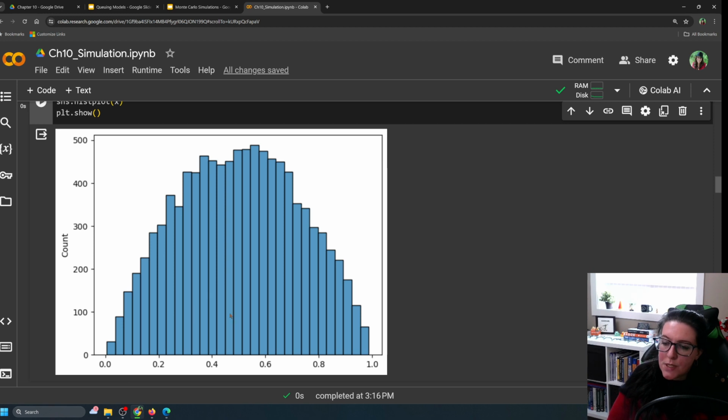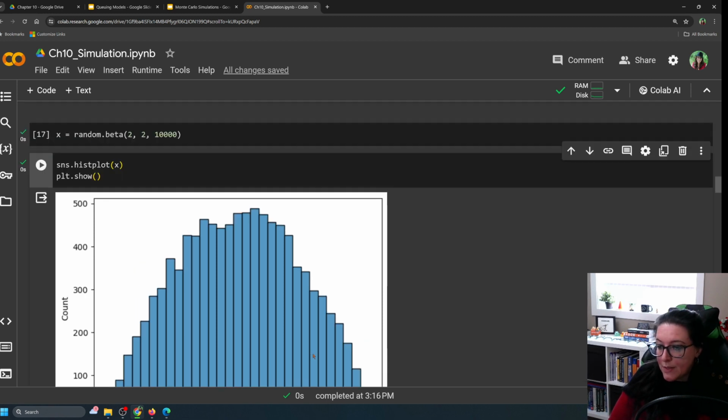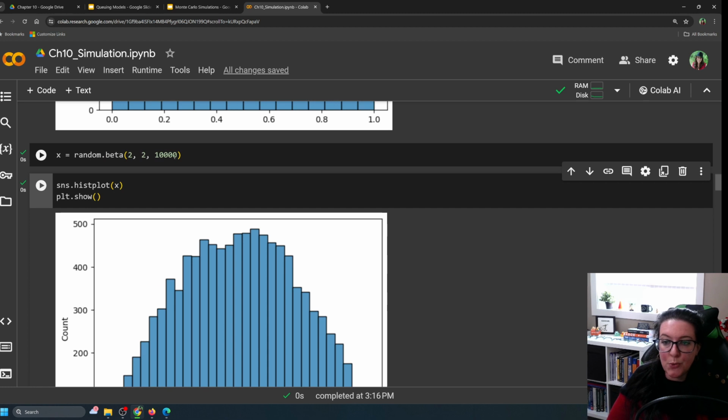So this allows us to use beta distributions for probabilities, where, for example, here the most common probability is 50%, but notice it bounds it at 0 and 1, so you can't have anything that's negative or have more than 100%. And so there we have that beta 2-2 distribution.